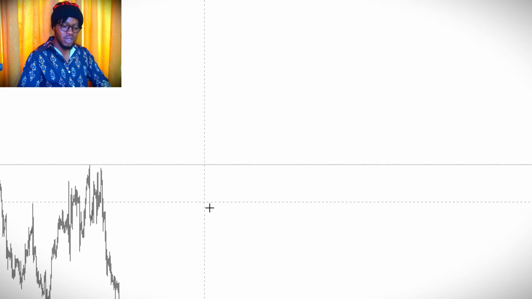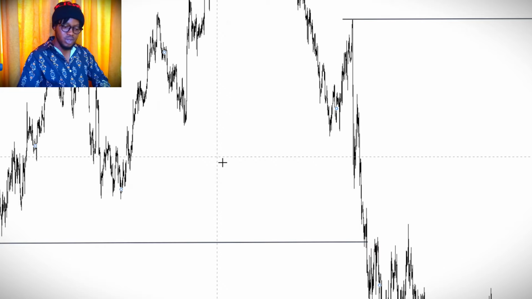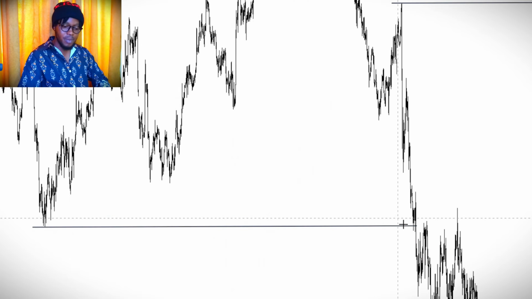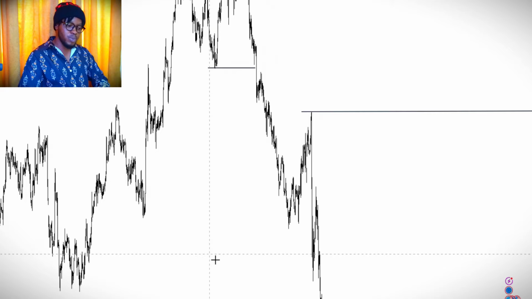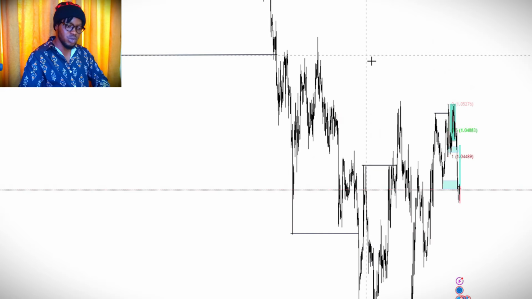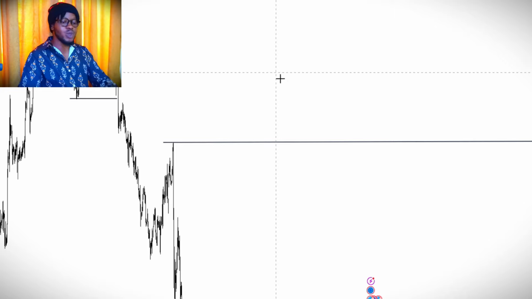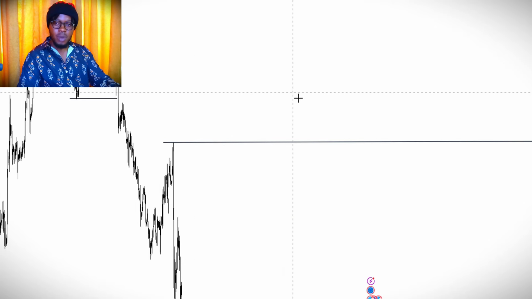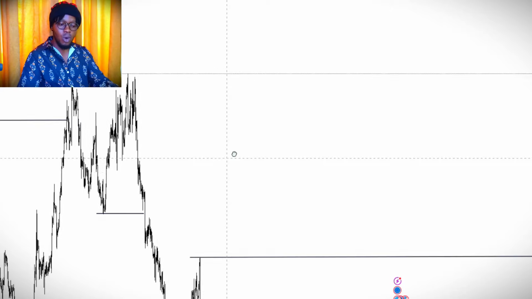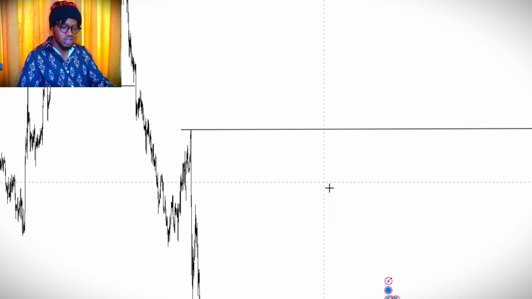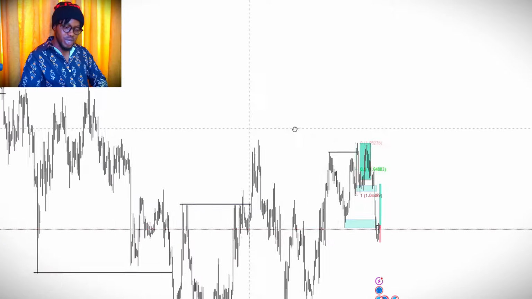I don't know if you are getting me. So what I'm expecting now, because price broke this low, after price broke this low, price has not given us a clean retracement. So this bullishness is just to retrace to this premium point. And if price keeps going up after tapping into this premium point, then you know that there is a problem. Then price is about to go all the way bullish, just turn bullish totally. But then again, let's trade.